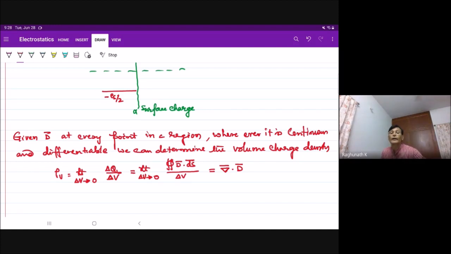In vector calculus, the mathematics part, they say for any vector field, that means any field described by a vector quantity at each and every point, the integral of V bar dot ds bar over a closed surface, it can be any vector, is equal to the volume integral of del bar dot V bar dv.